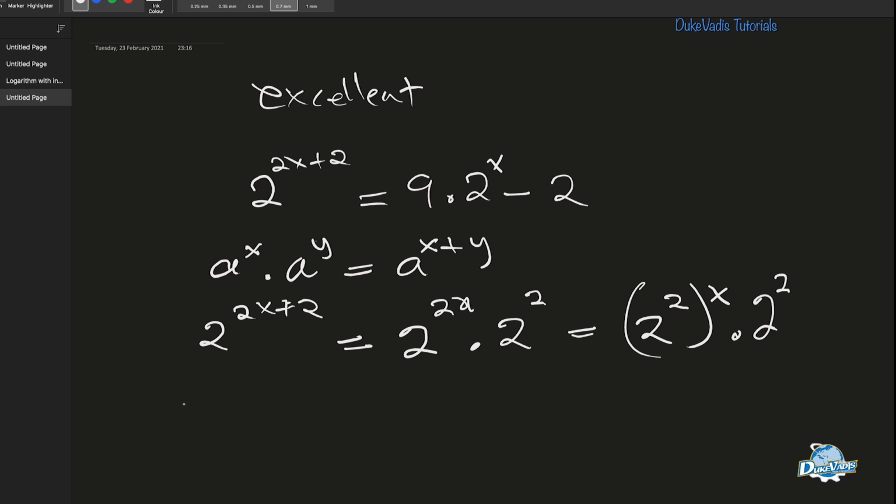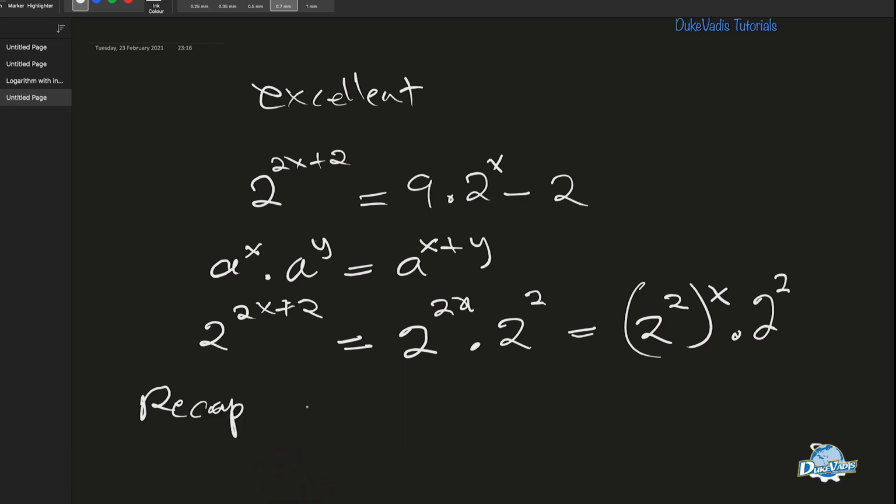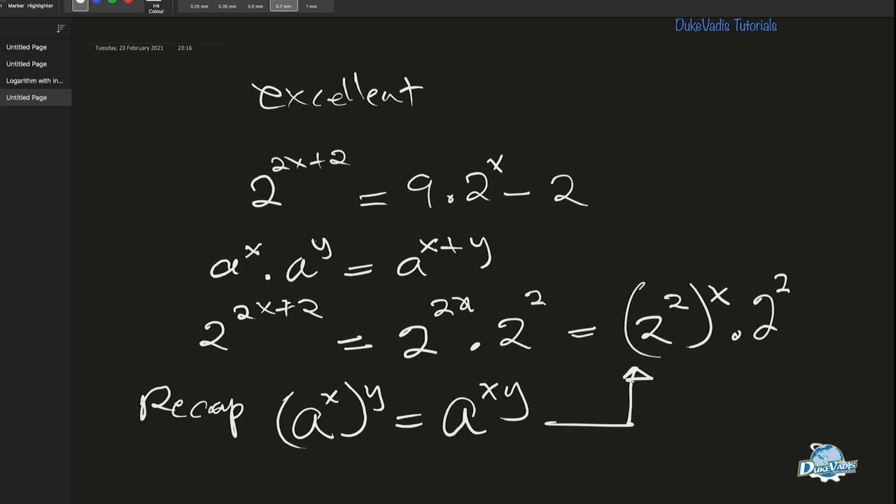Remember, recap, that if we have a raised to the power x multiplying y, it is always given as a to the power xy. That is what we have applied over here. Okay?